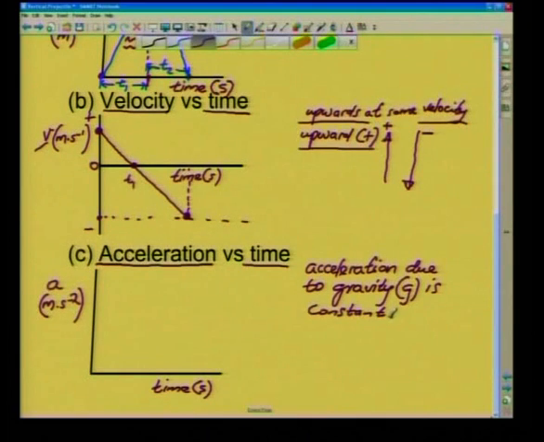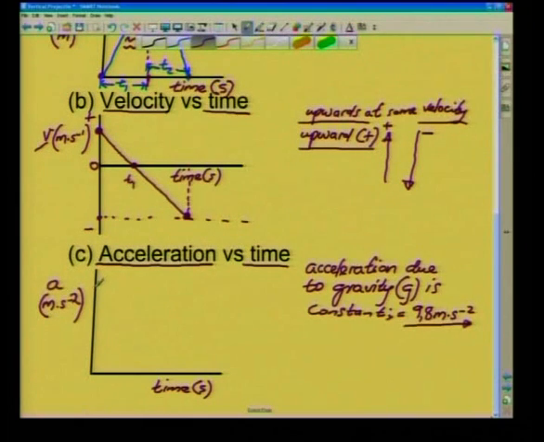And we know it to be equal to 9.8 meters per square second. That is the value of acceleration due to gravity. So it doesn't matter the change of time, but what we know is that the acceleration due to gravity is not changing.